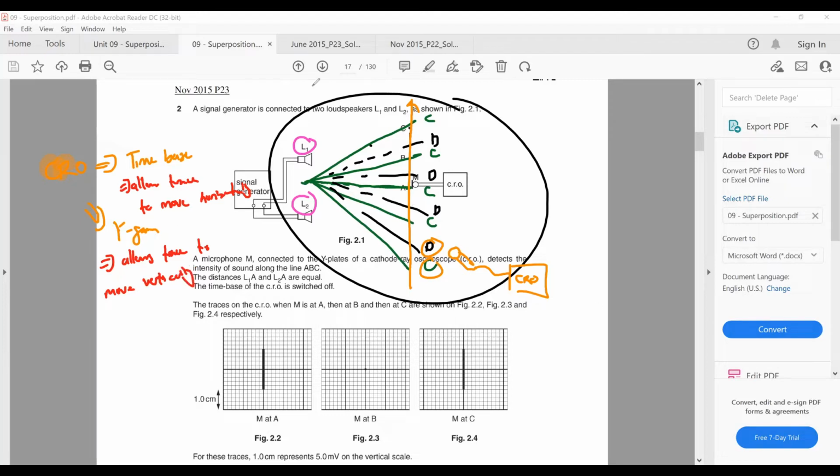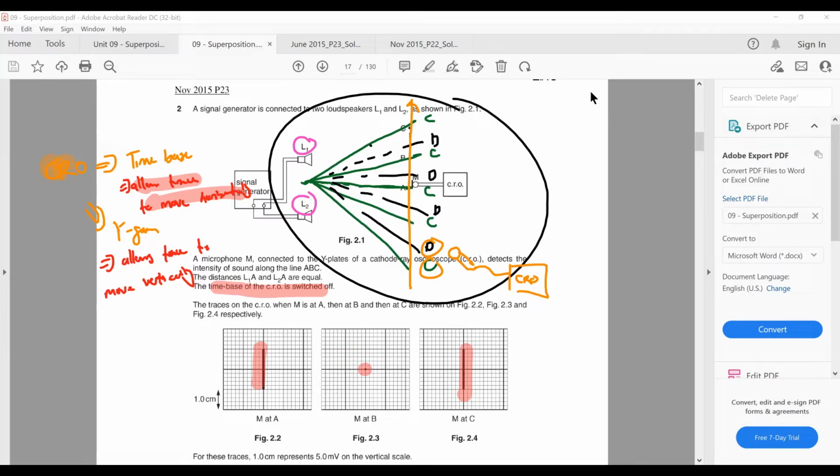Okay. So coincidentally, in your question right now, they told you the time base of the CRO is switched off. That means your trace cannot move horizontally. That will explain why you don't see any horizontal trace here, because it can't move horizontally. Only the Y gain was enabled. That's why you see it can only move vertically. All right. So that part is okay.